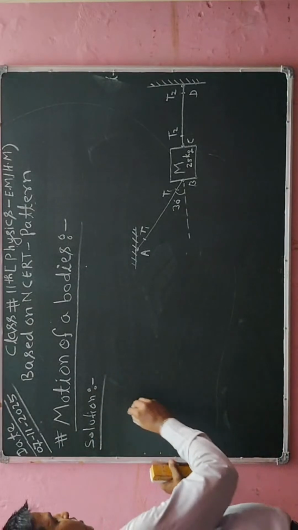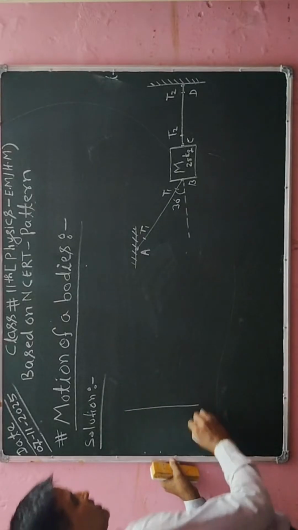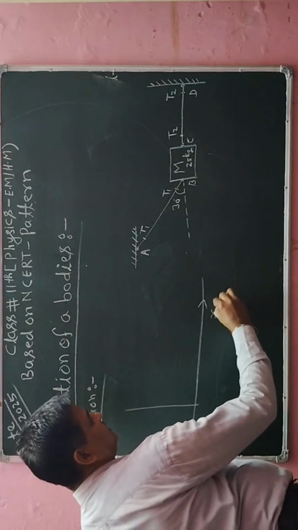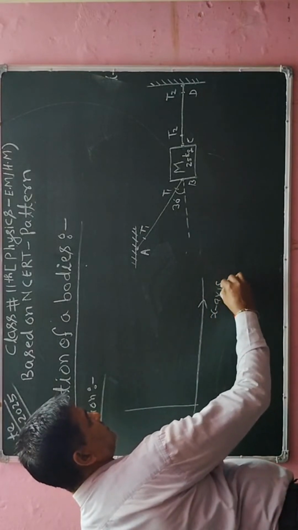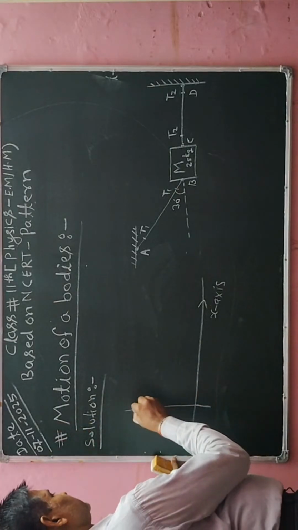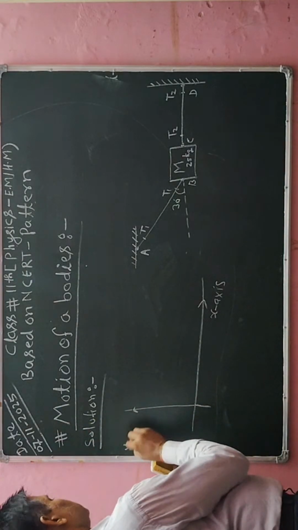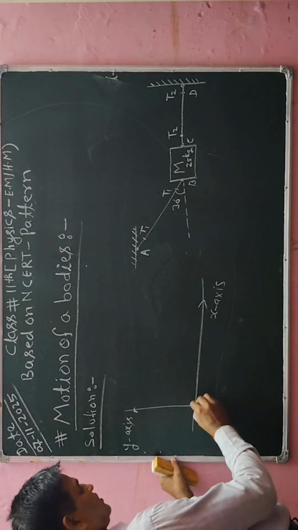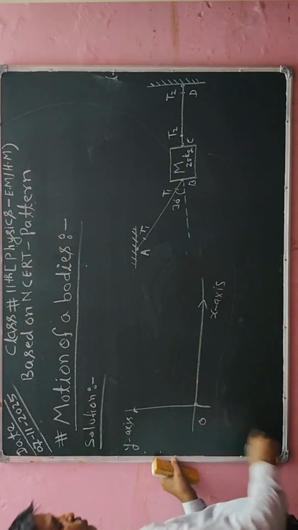Okay, first of all I'm considering here x-axis and also y-axis. This is the x-axis, and this is the y-axis, and the intersection of x-axis and y-axis is the origin. So here I will put origin.